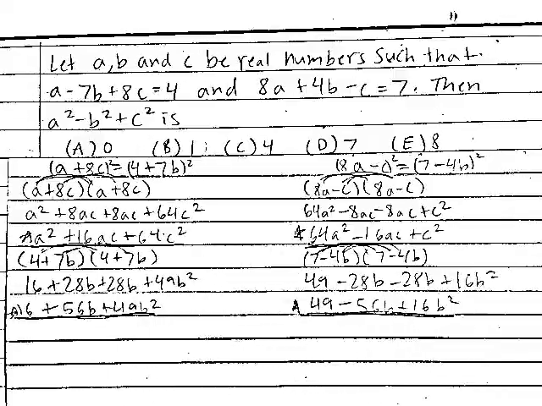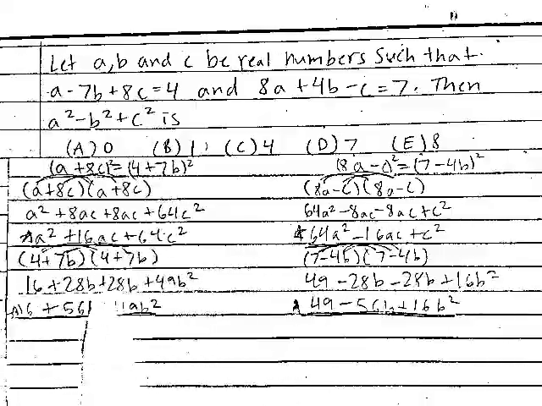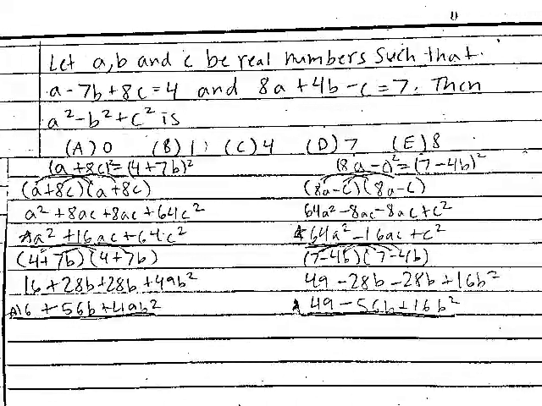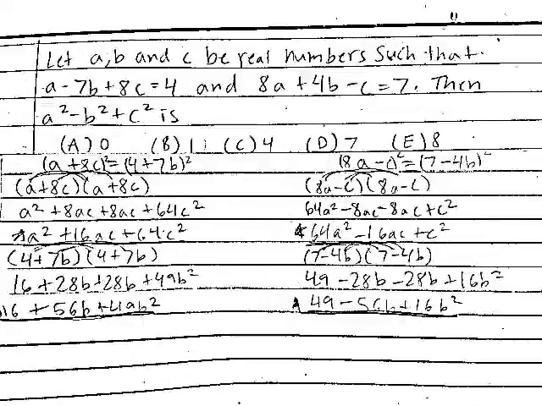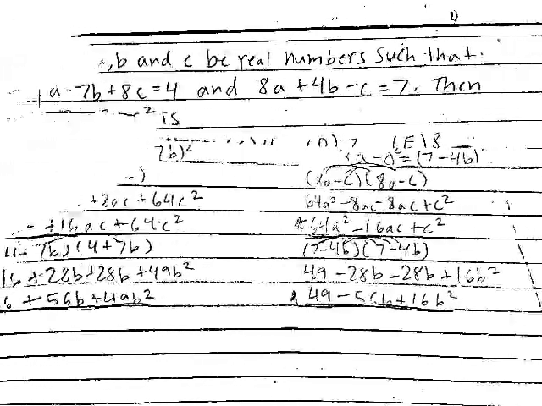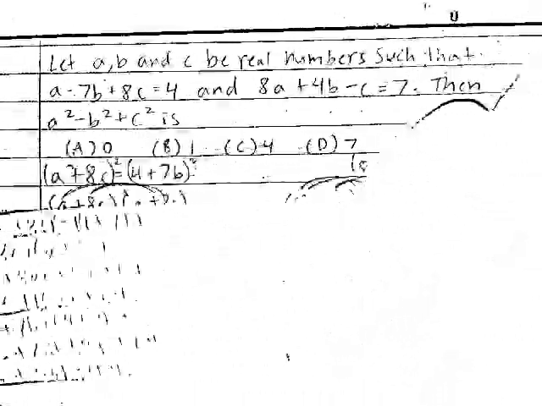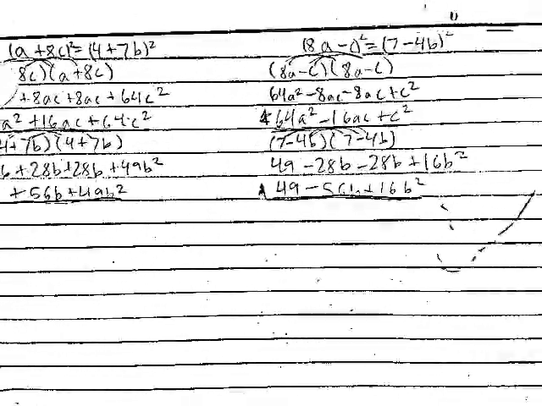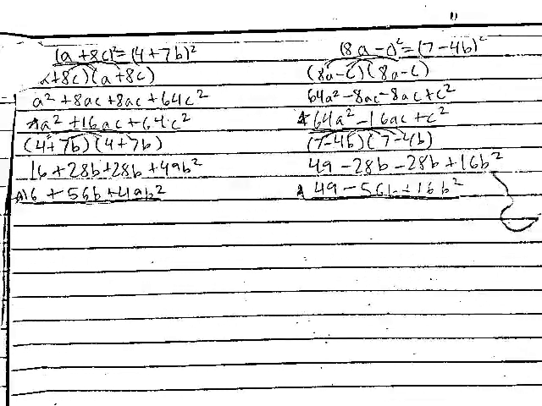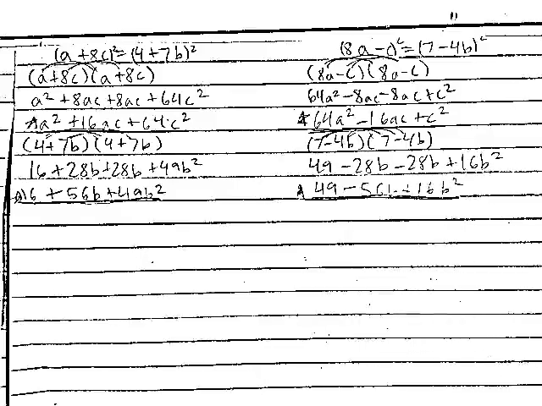So now I'm going to rewrite them so you can see it better. Hold on a second, I have to adjust the paper so you can see the work because there's not enough space. Okay, I'm going to rewrite this.